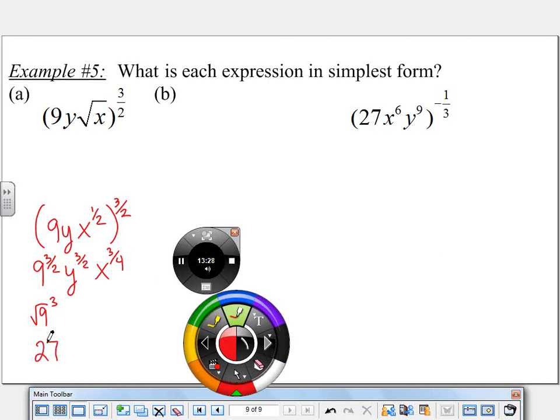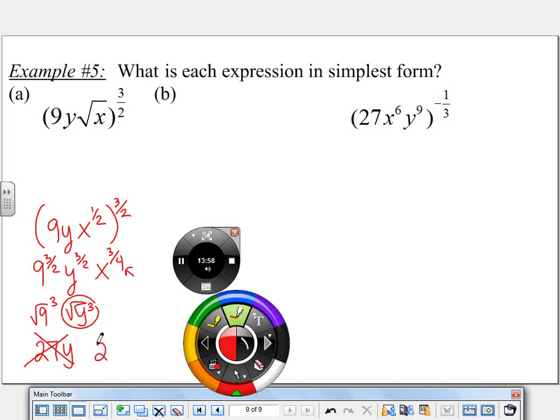Now, y to the 3/2 means the square root of y being raised to the 3rd power. So that means 1 y outside the radical and 1 y inside the radical. But here's where I have a problem. This y is inside of a square root, but when I look ahead at x, it's going to be inside a 4th root. So if I really want to write this as simple as possible, I want them to all be in the same radical.